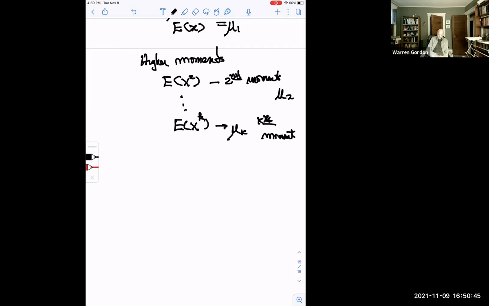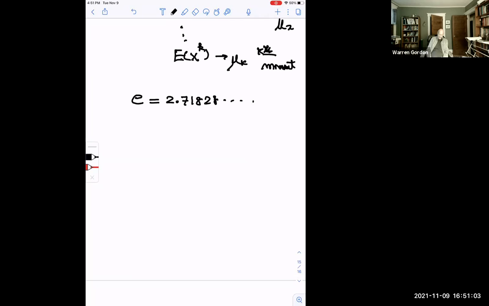Now, I want to remind you from calculus about the number e, which was about 2.71828. About 2.7.